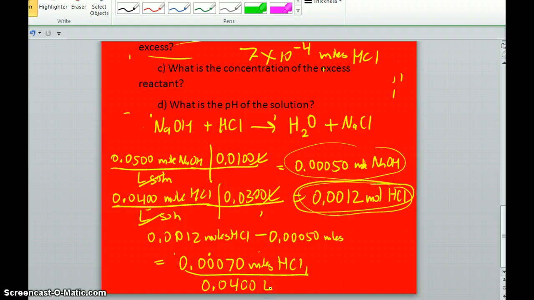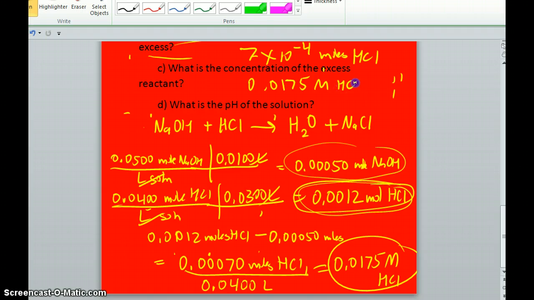So I'm going to divide by 0.04 liters, giving me a molarity of 0.0175 molar HCl. 0.0175 molar is the concentration of the excess.